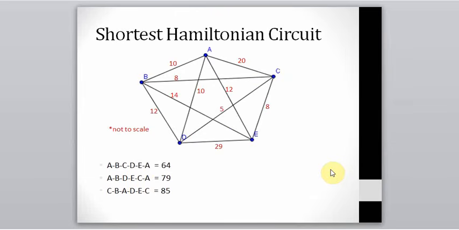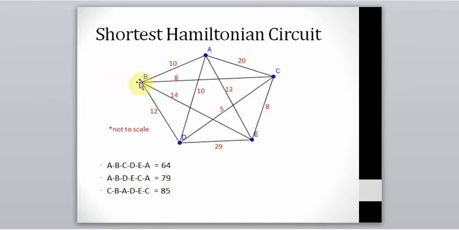So finding a Hamiltonian circuit out of a particular graph is a bit easy since you will only consider the vertices. But what if there is a measurement in every edge of the graph? For instance, in this example, note that it's not to scale.